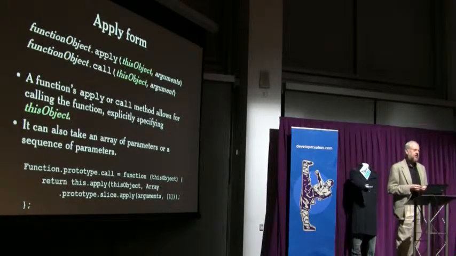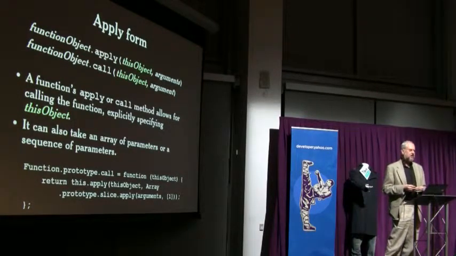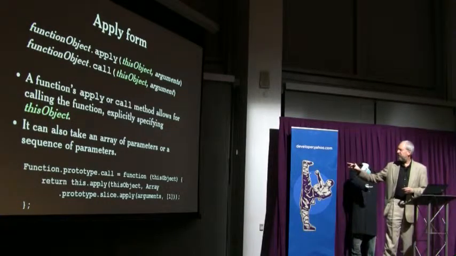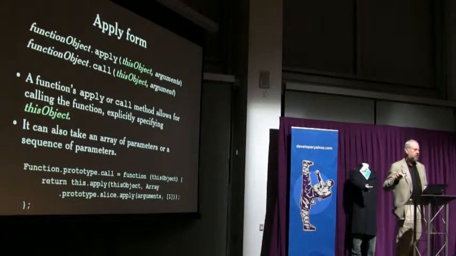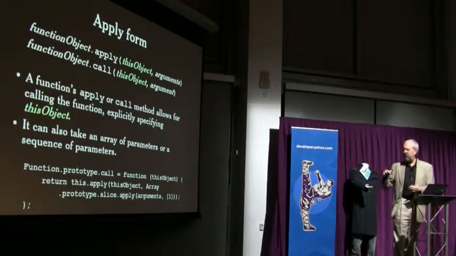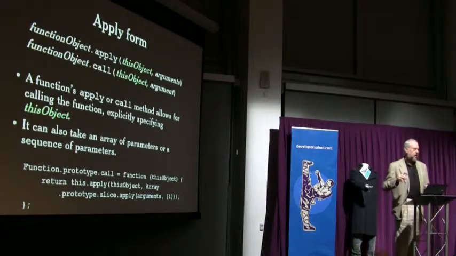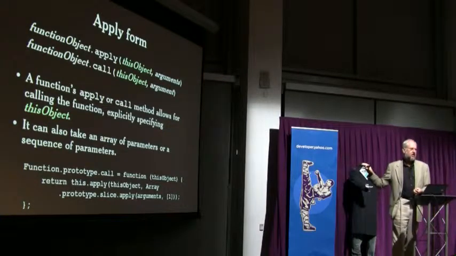I show how to define call in terms of apply, and also show a little bit of the ugliness that's caused by the fact that arguments is not a real array. So what I want to do, to implement call, is take all of the parameters that were passed, except for the first one, and I do that by using the slice method, except arguments doesn't have a slice method in ES3, so instead I have to go out and find it, and I know that I can find it at Array.prototype.